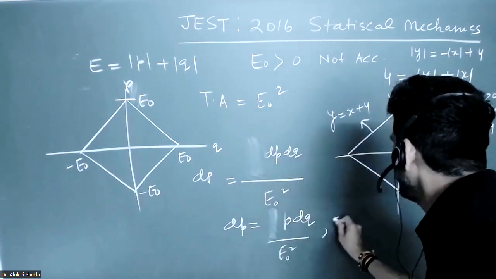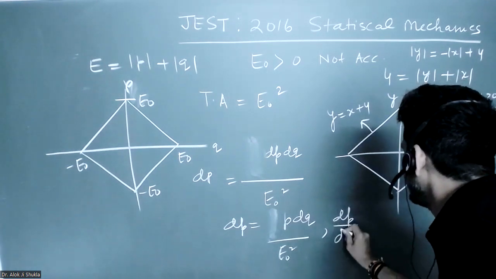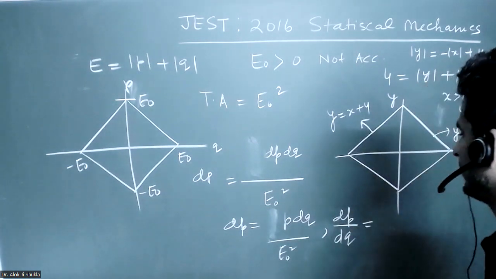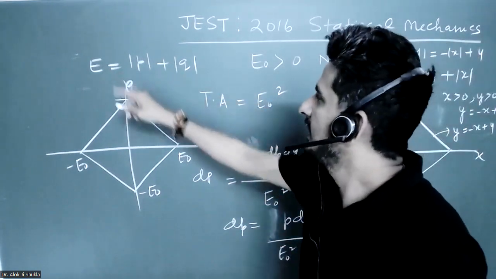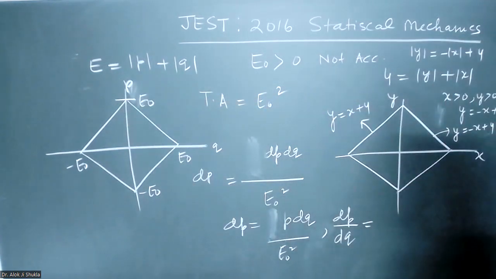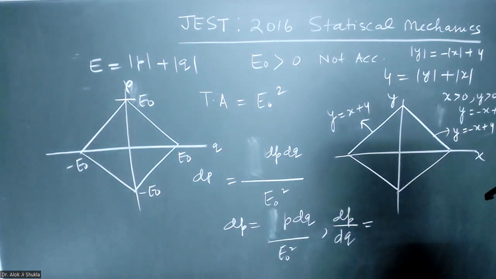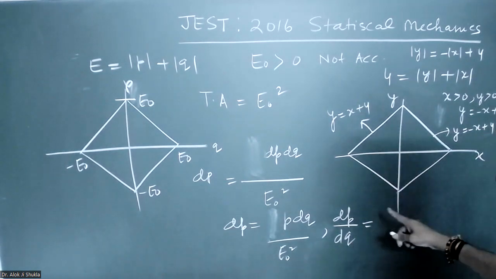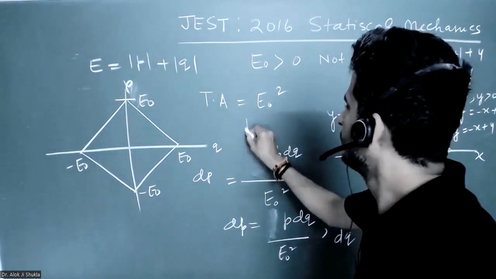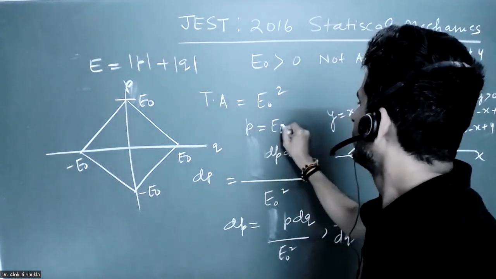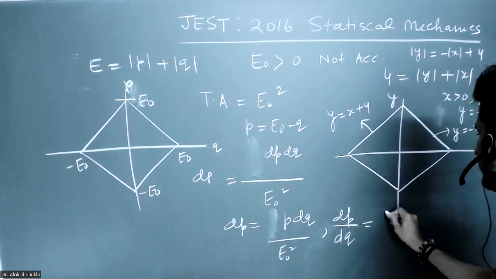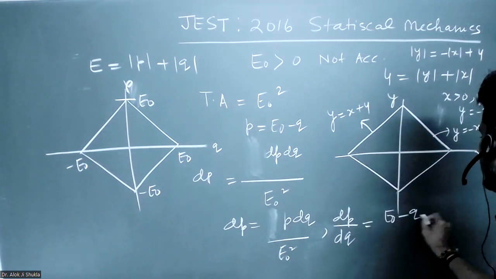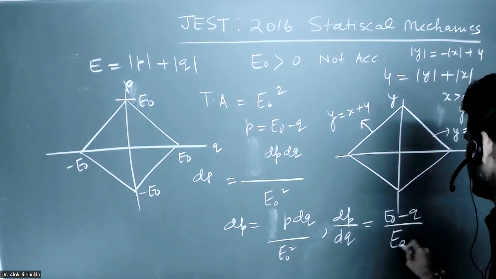They have asked for the probability density, which will be dP by dQ, and that is equal to p by E naught square. And what is P? P is equal to E naught minus Q, right? So it becomes (E naught minus Q) by E naught square.